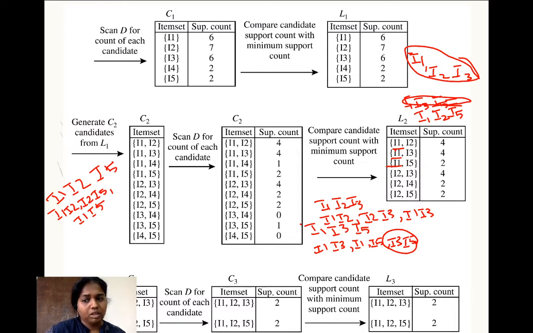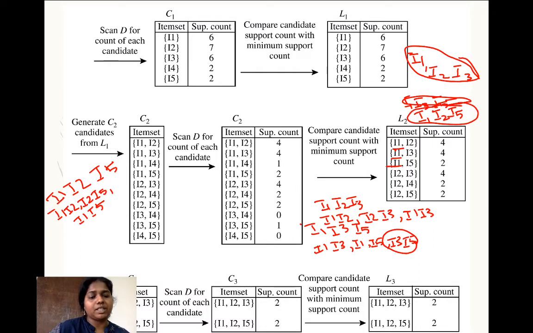Now, are all of these available in L2? I1, I2 is available in L2. I2, I5 is available in L2. I1, I5 is also available in L2. Therefore, this combination can be sent to C3.